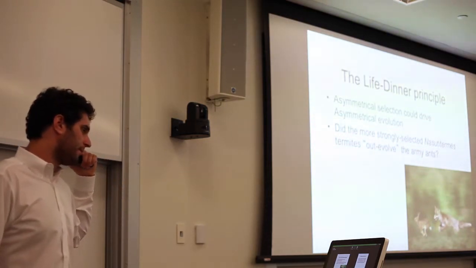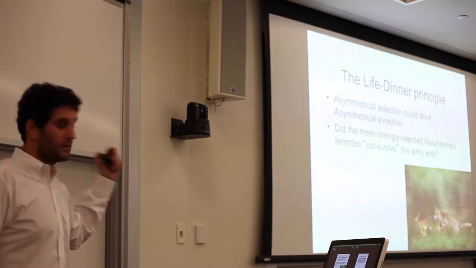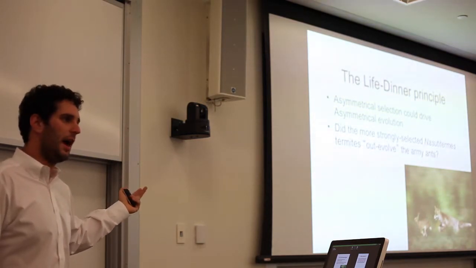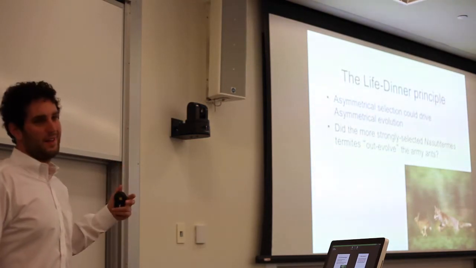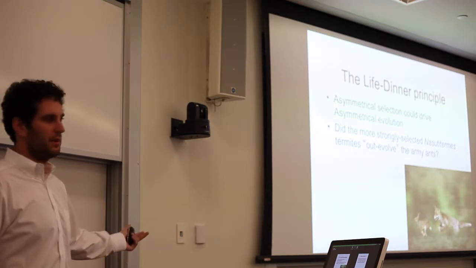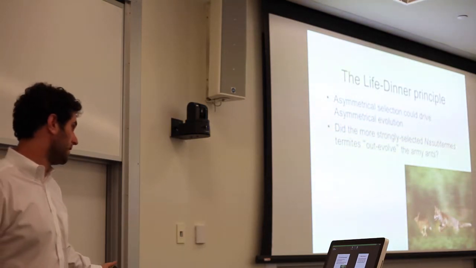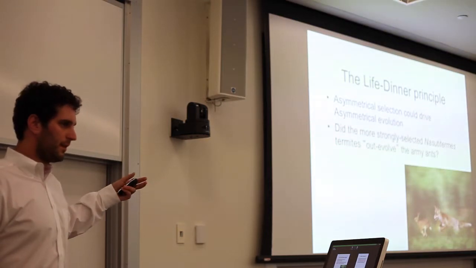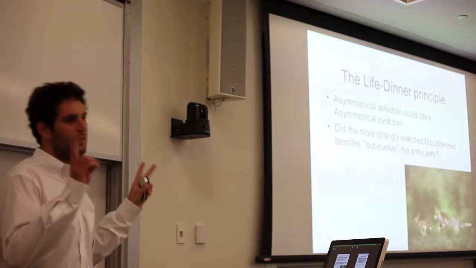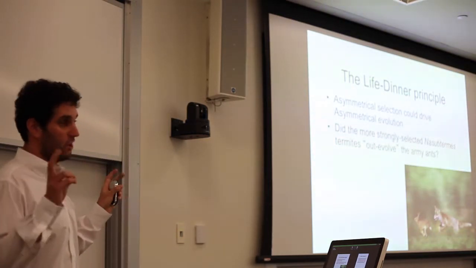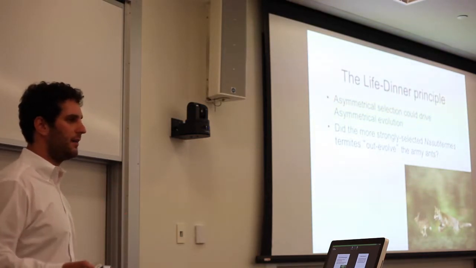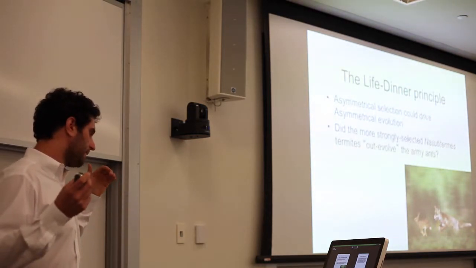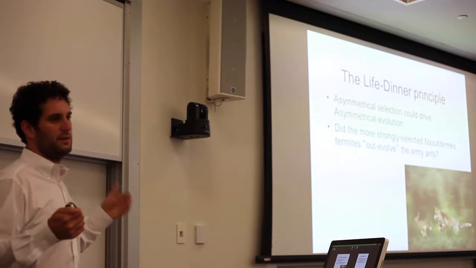Since the termites are fighting for their lives, and the ants are just fighting for another appetizer in their huge smorgasbord, it could be that both of these groups have come to the conclusion evolutionarily that they won't gain anything from interacting with each other.